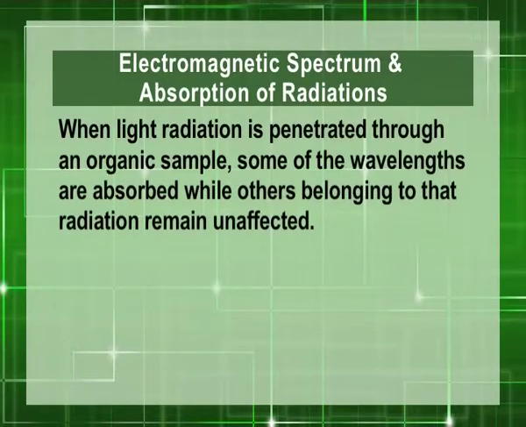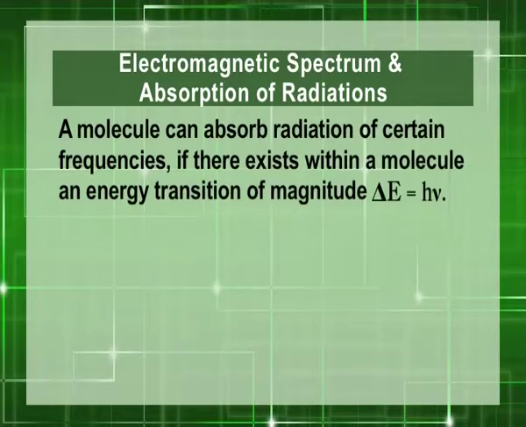When light radiation is passed through an organic sample, some of the wavelengths are absorbed while others belonging to that radiation remain unaffected. A molecule can absorb radiation of certain frequencies if there exists within the molecule an energy transition of magnitude ΔE equal to hν.